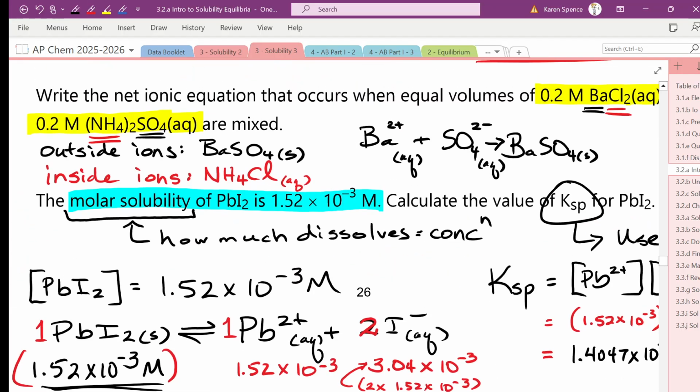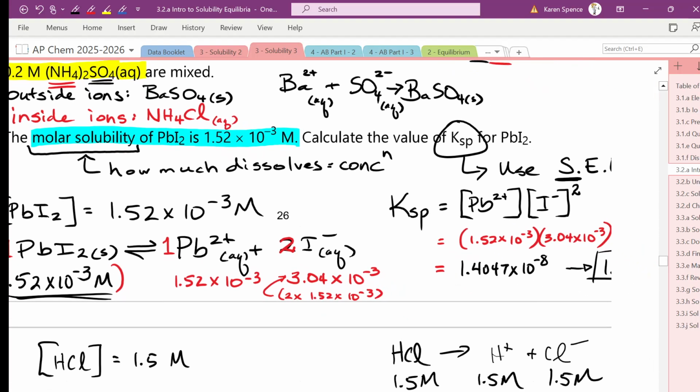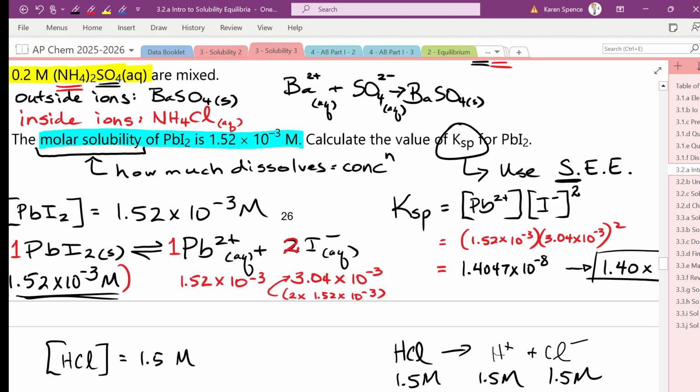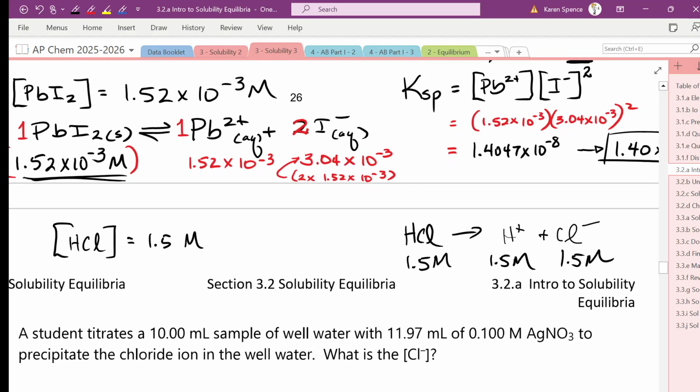And the only new thing was being told that the molar solubility means the concentration of PbI2. Other than that, and the fact that our K is called KSP, you know how to do this already, because you guys are geniuses.